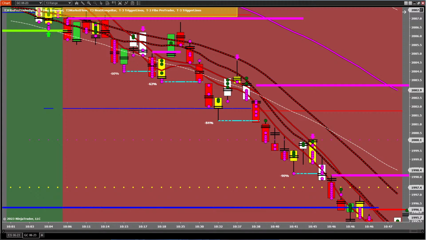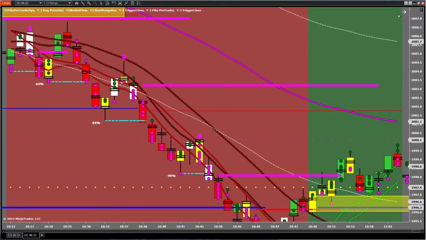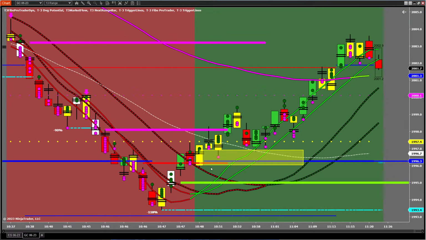So you see how the triggers are down and nothing but down. And again, it might hold, it might hold, it might hold. It doesn't really matter what it might do until it actually breaks out. Then you can go long.